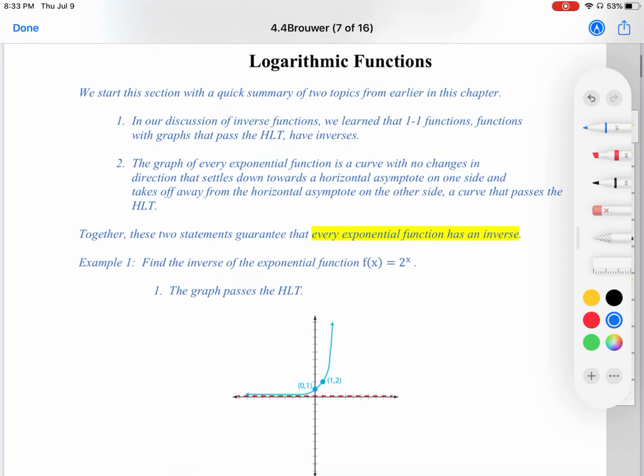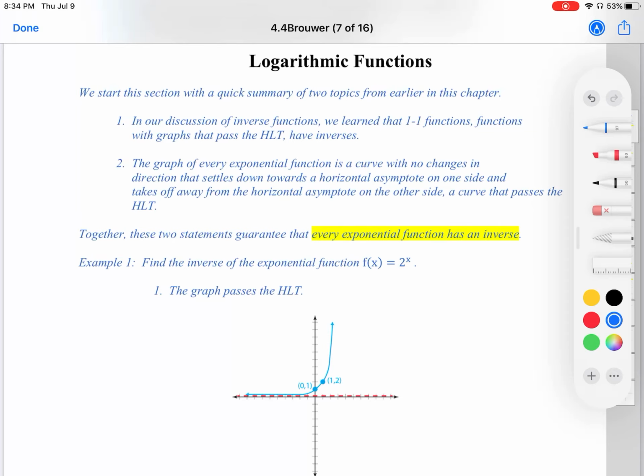Logarithmic functions. We start this section with a quick summary of two topics from earlier in this chapter. One, in our discussion of inverse functions, we learned that one-to-one functions, with graphs that pass the horizontal line test, have inverses.